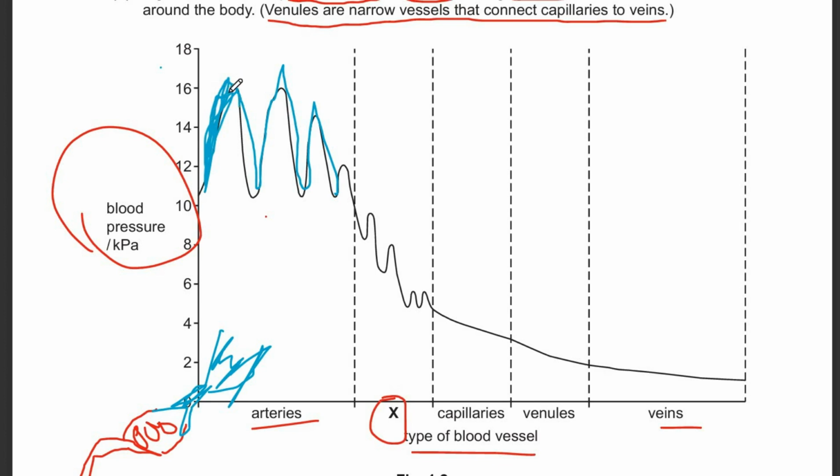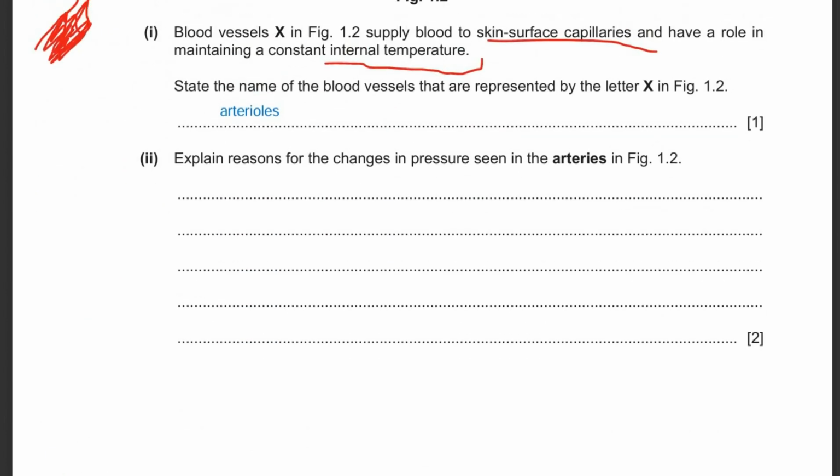Then the pressure decreases when the muscle of the ventricle relaxes. See the pressure is subsequently decreasing. Why is this so? Because as we move away from the heart, the pressure in the vessels will decrease. Alright. So I hope this was clear.